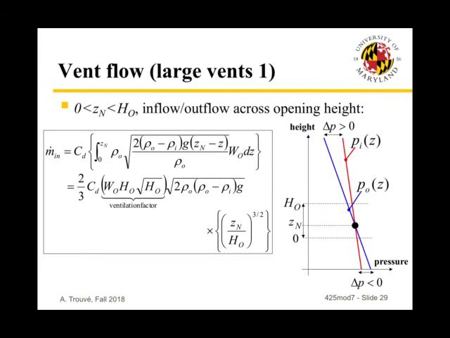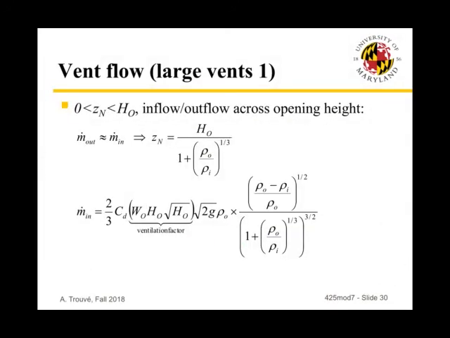The inflow of fresh air, the mass inflow rate, is calculated in a similar way. The integration is performed from Z equals 0 to Z equals Zn, because that's the region where the pressure inside is lower than the pressure outside, and we expect inflow. And we get an expression again proportional to the ventilation factor.